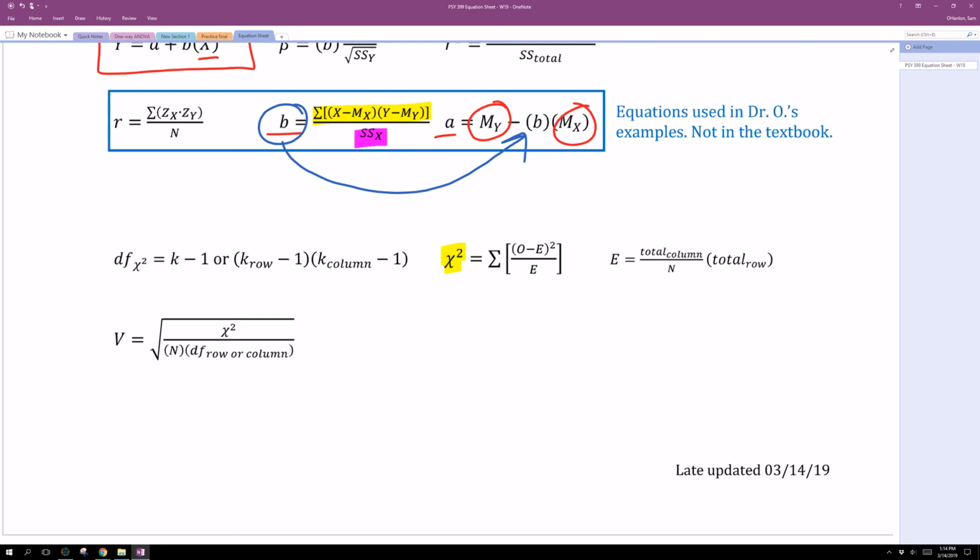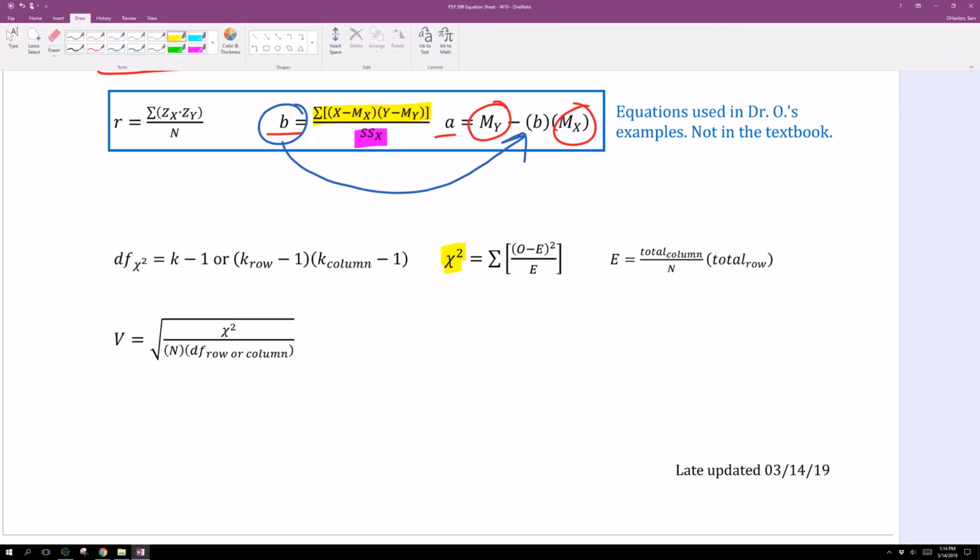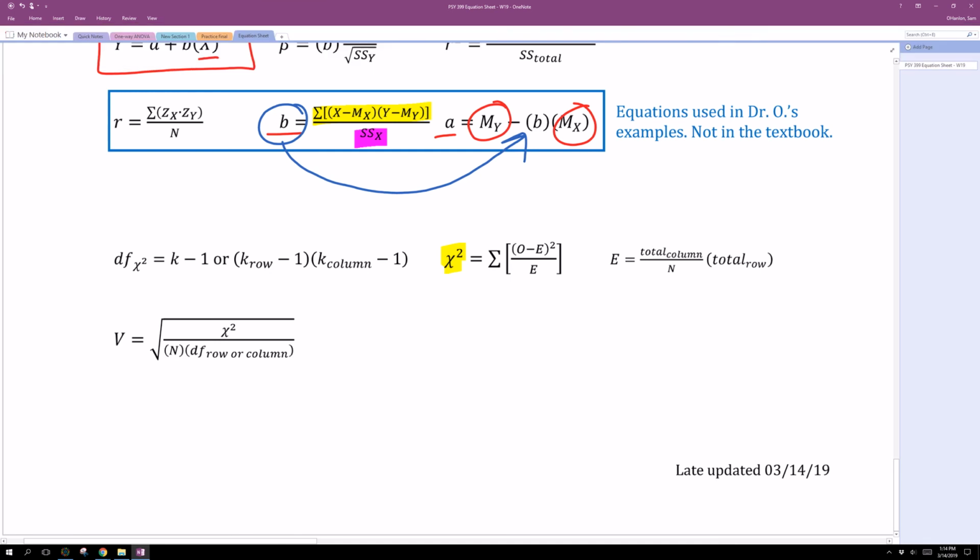Now, to calculate chi-squared, regardless of whether it's a goodness of fit or an independence test, you always use the same equation. To do this, you have your observed frequency, that's the count of the number of times something falls into a certain category, and you have your expected frequency.